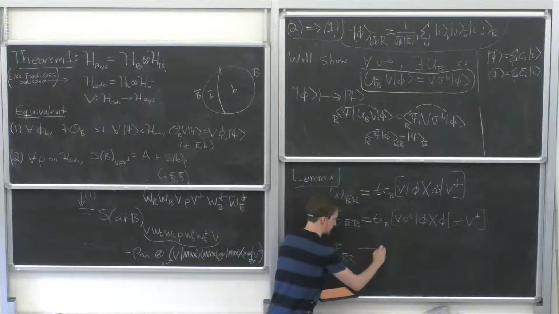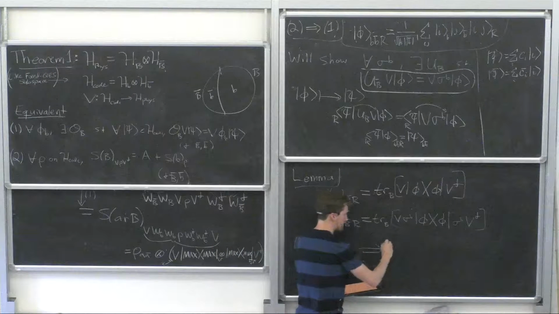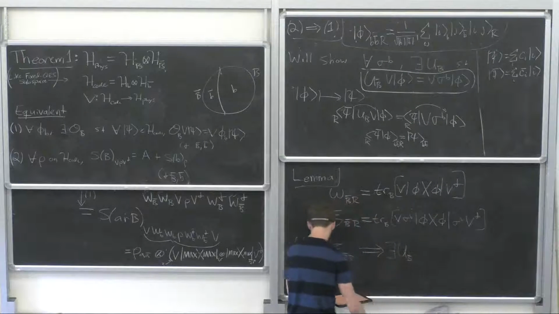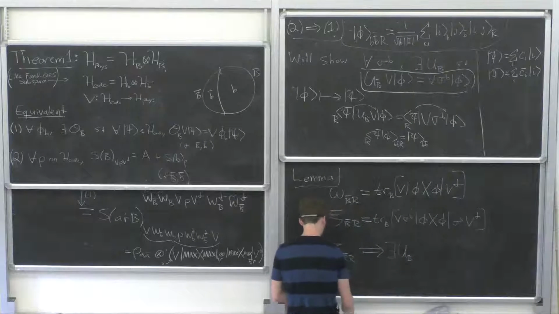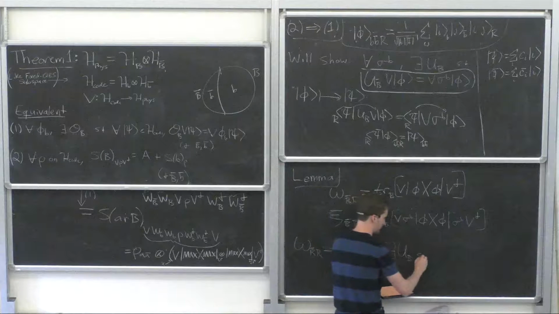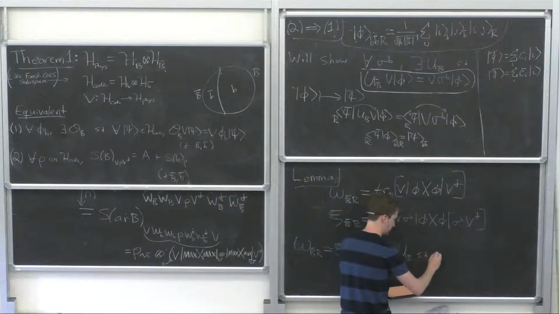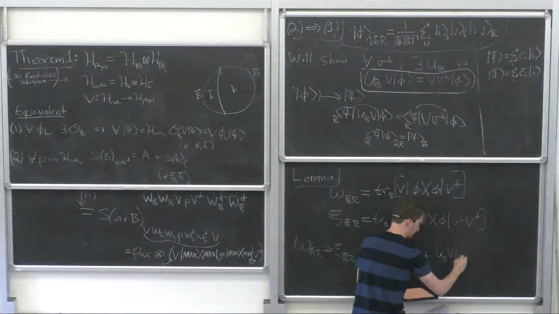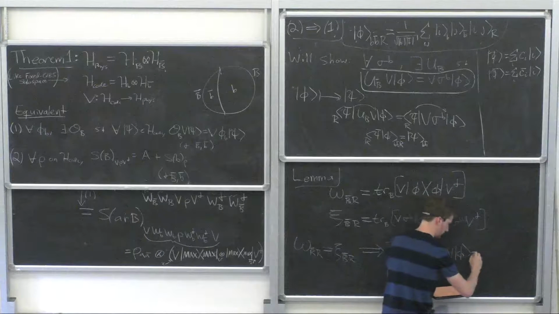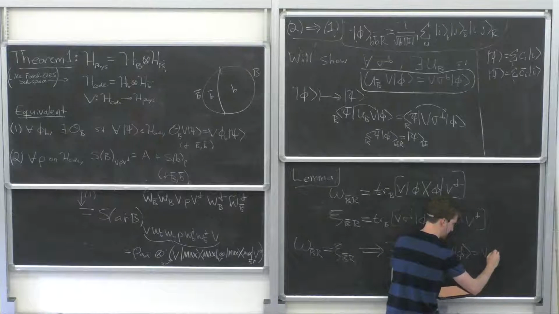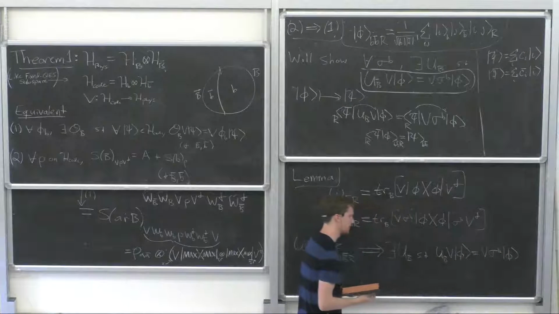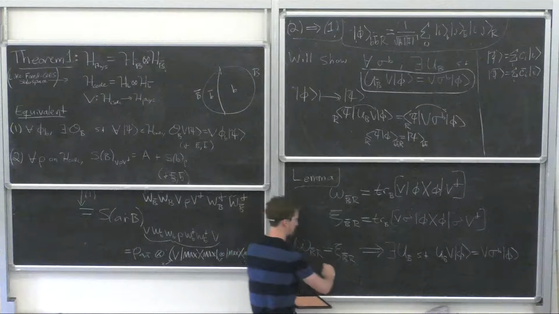If that's the case, it implies there exists a unitary acting on capital B such that U_B V phi equals V sigma_B phi. Okay, so this is the precise statement that I'm going to use.